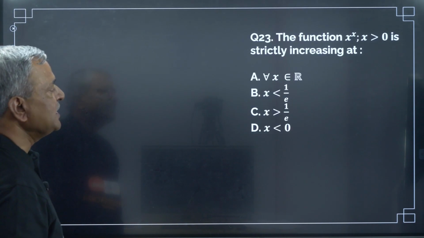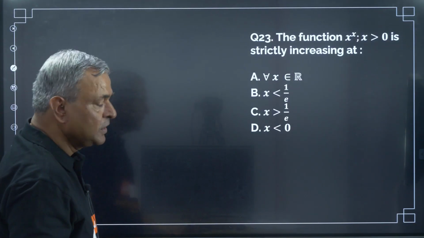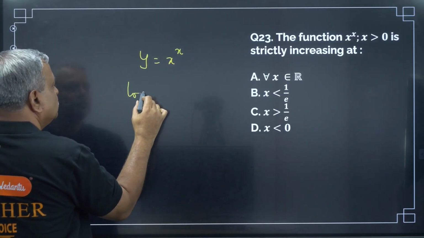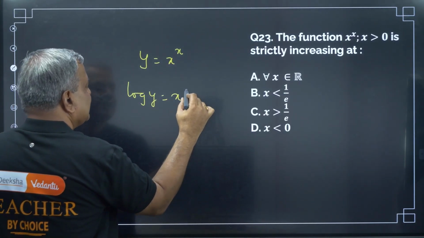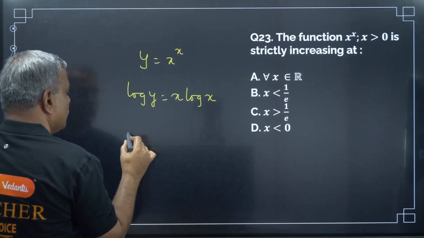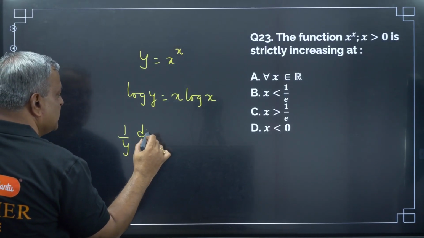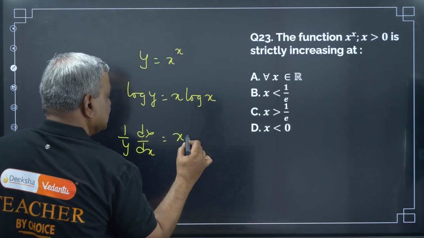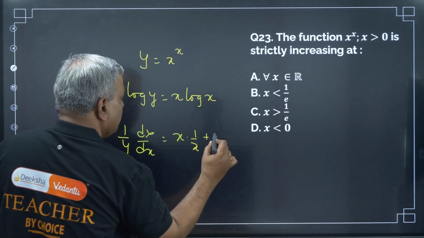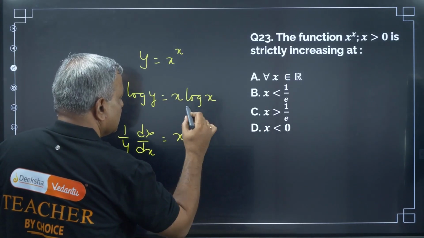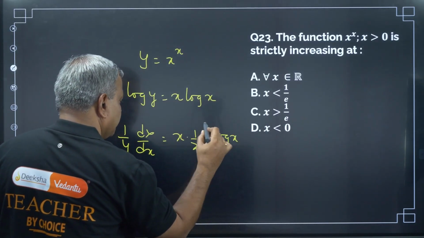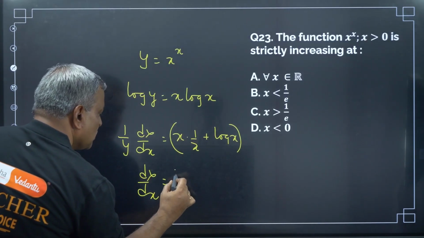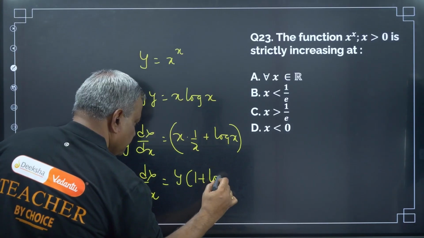Next, 23. x to the power x is increasing. Just now I was mentioning, variable upon variable, we have to take the log. So log y is equal to x log x. What is the differentiation? 1 by y, dy by dx is equal to, you get x into 1 by x plus differentiation of x is 1 into log x, so you get dy by dx is equal to y into (1 plus log x).